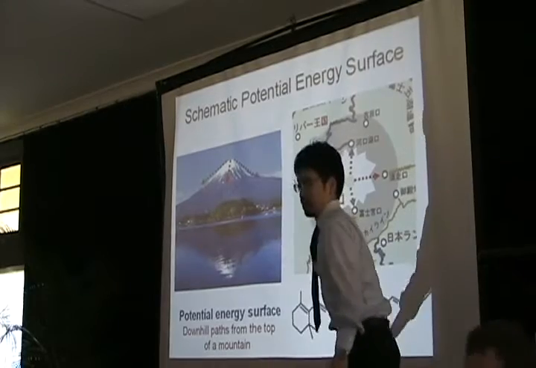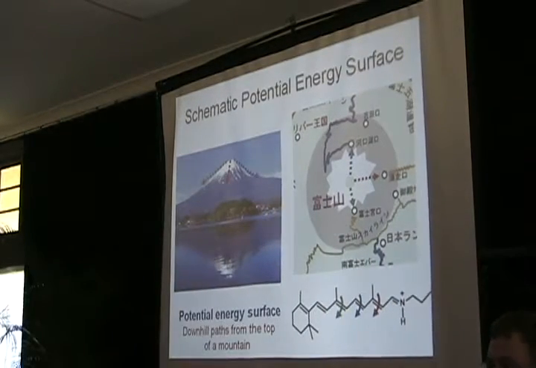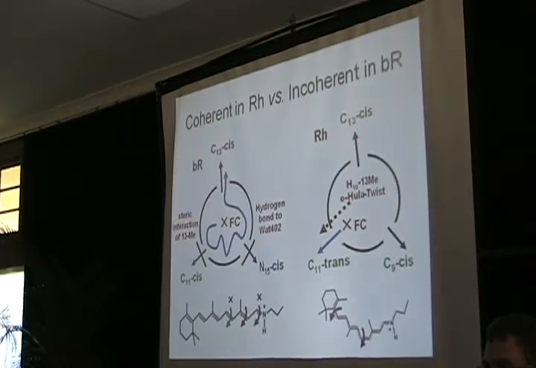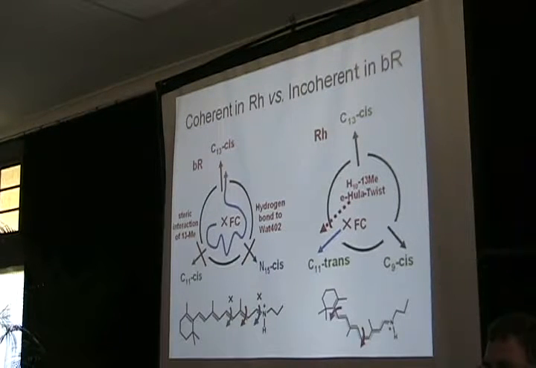From cis, only one path to trans can happen. But from trans, there are three possible pathways.